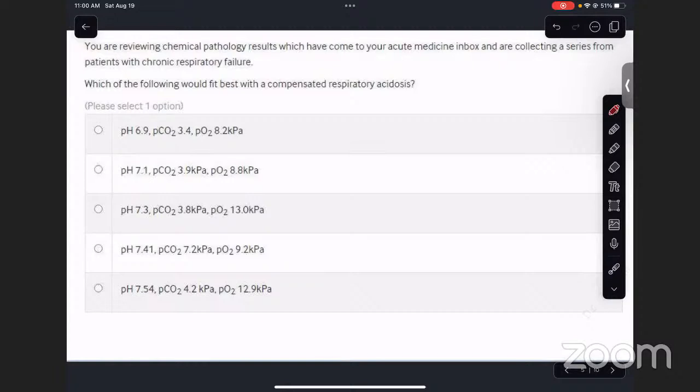You need to find out the acidosis from the pH. In respiratory acidosis, there will be reduced pH. Due to the respiratory acidosis, there will be an increase in the PCO2.